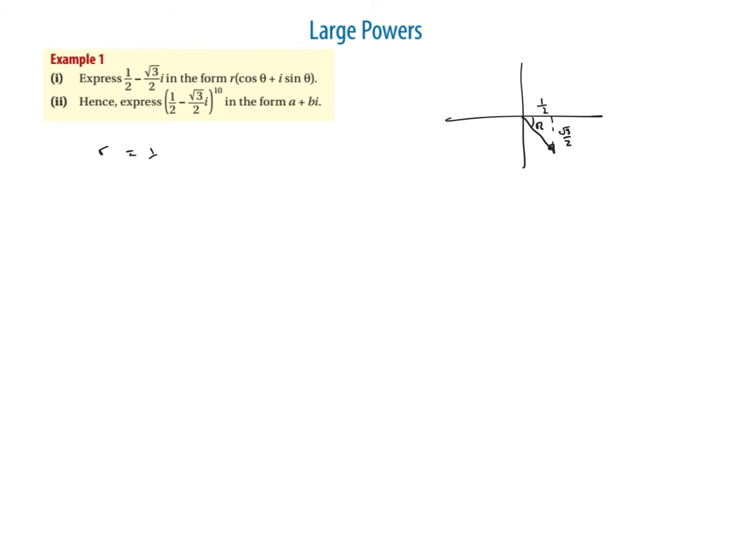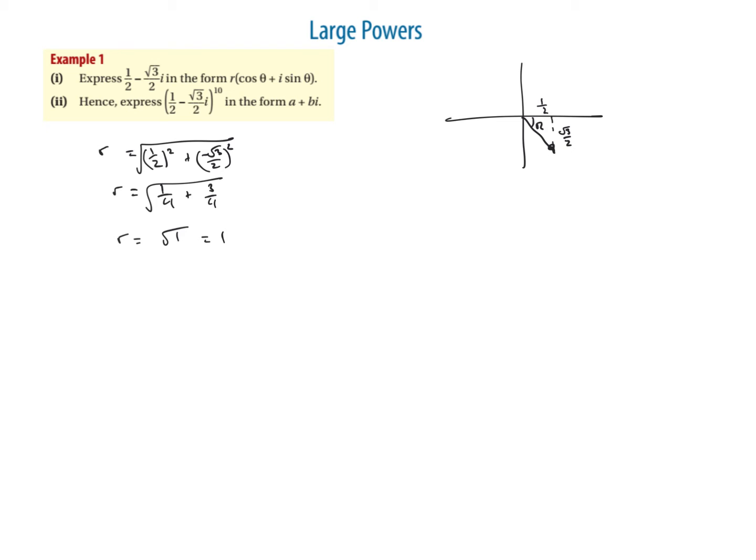Our r is equal to the square root of a half all squared plus minus root 3 over 2 all squared. If we work that out, we end up with a quarter plus 3/4, square rooted, so r is equal to the square root of 1, which is just 1.